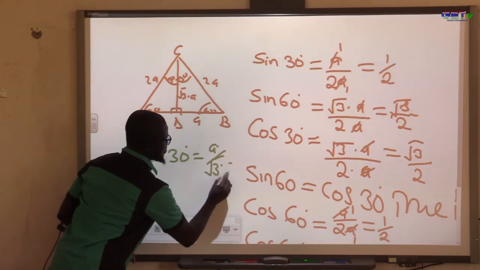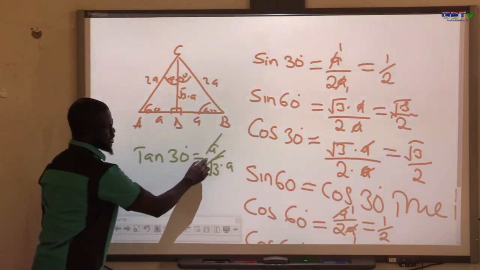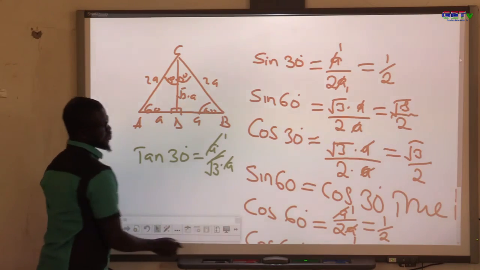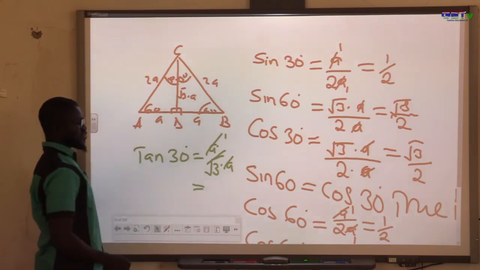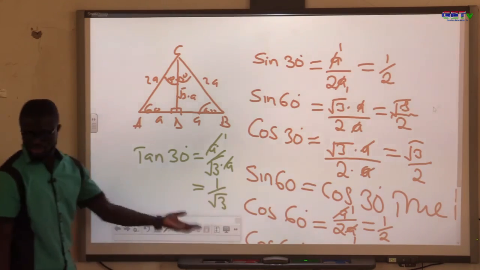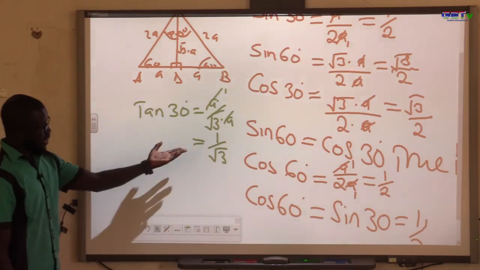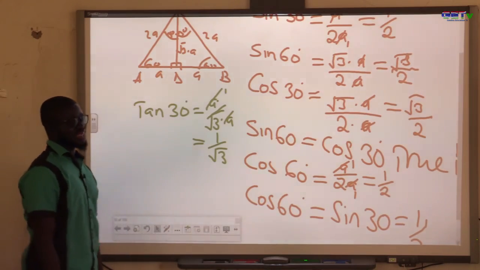Root 3 times A. A into itself is 1. Into A here is 1. So the answer you are going to get for tan 30 is going to be 1 all over root 3. If you want, you can stop here as your answer.